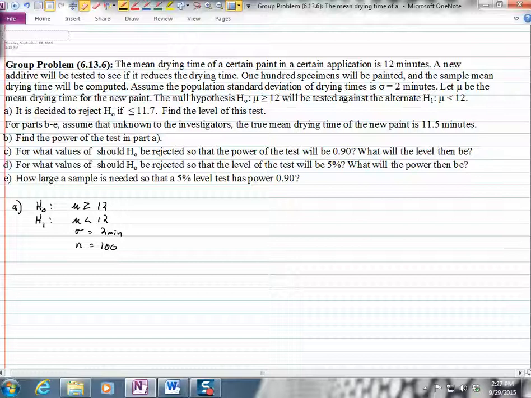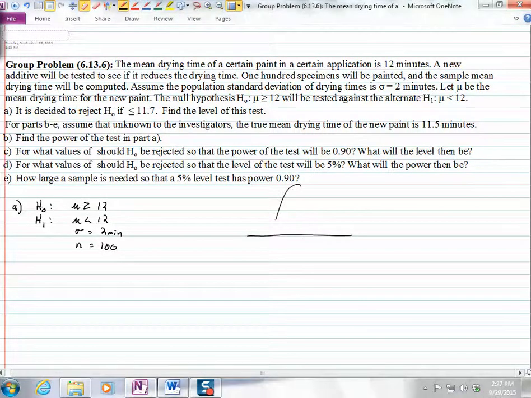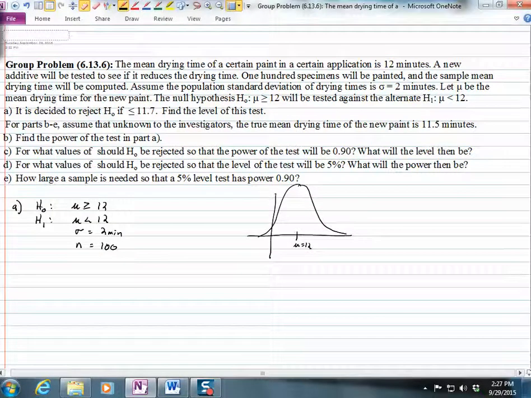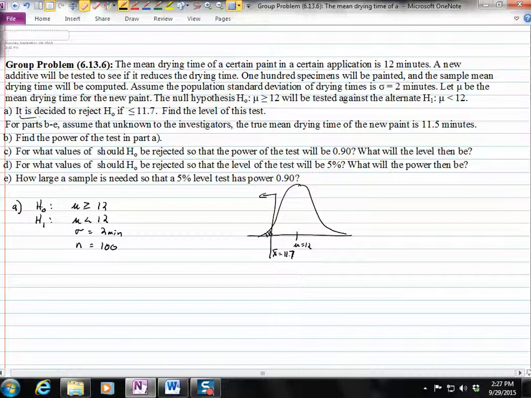So let's see, we have this one-sided test. I guess I'll draw it right here. The mean is equal to 12. And over here at x bar equals 11.7, we're defining our rejection region.